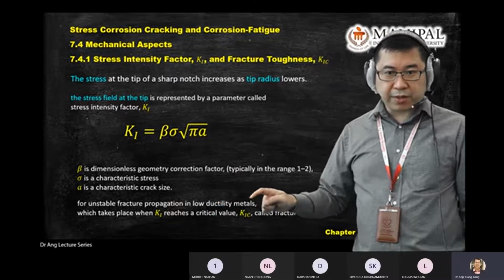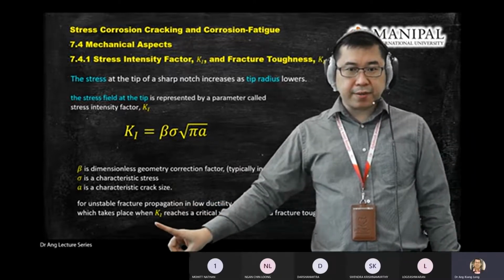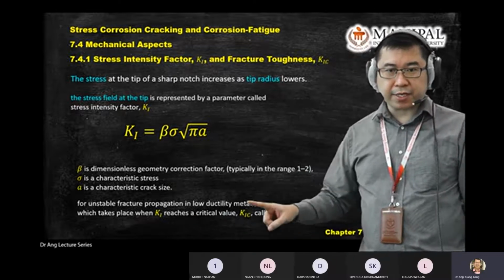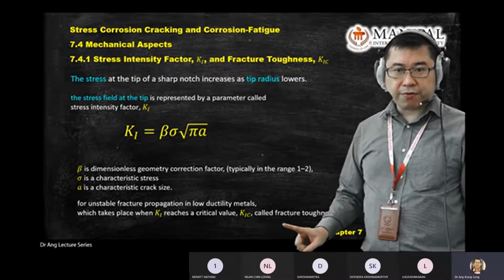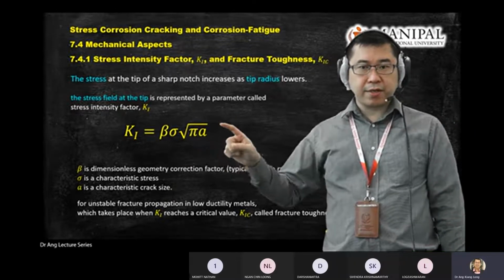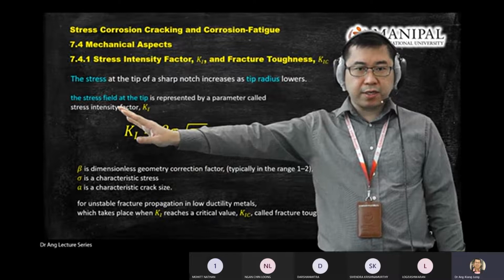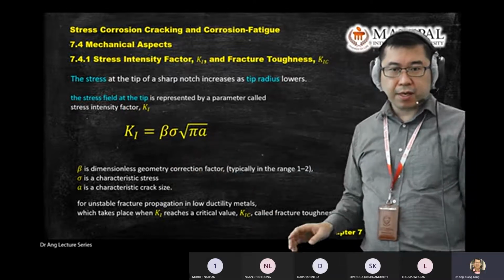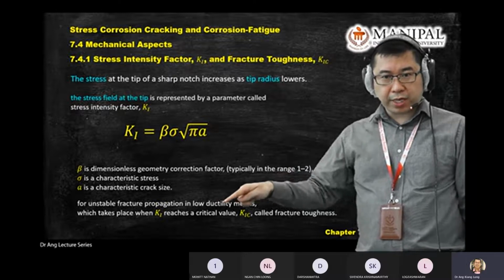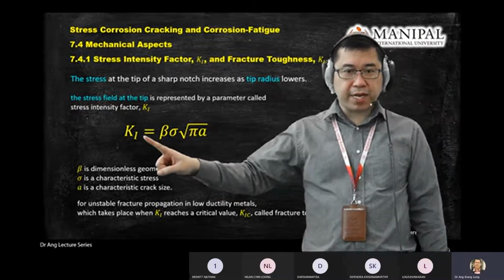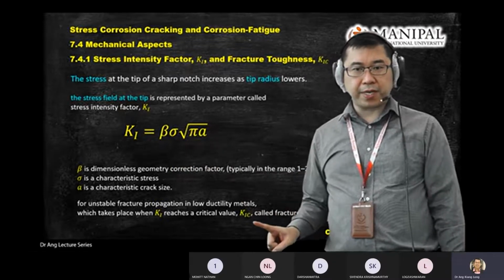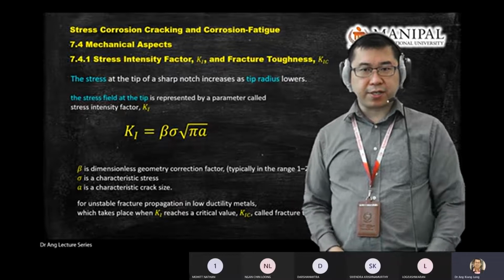For those low ductility metals, you need to replace KI. You need to be careful of KIC, the critical value called fracture toughness. You can use this to calculate the stress field at the tip, but for low ductility you need to be careful of the value you calculate. Low ductility metals will have one critical value, KIC.